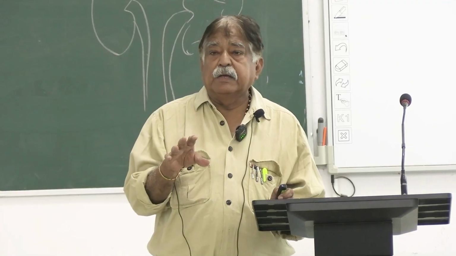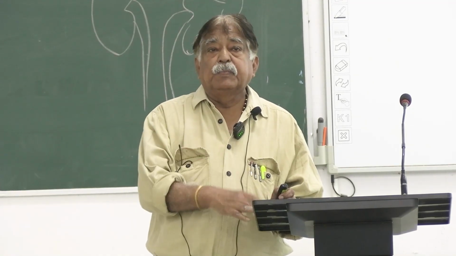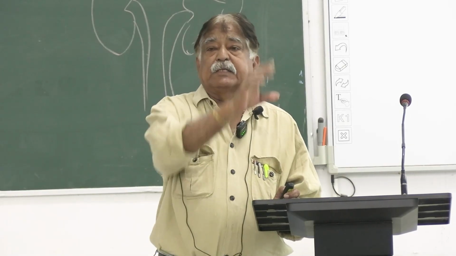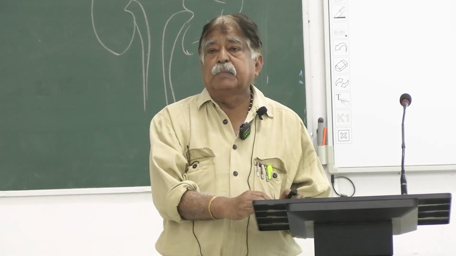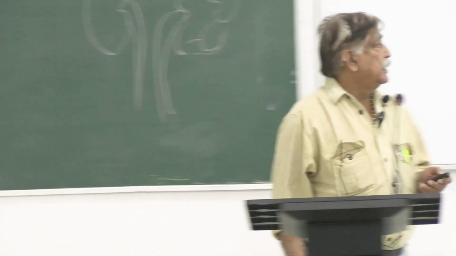If there is any anomaly you find, take a photograph and bring it to the notice of your teacher, so we can have it as a specimen in the department, and also you can even present a paper on it later when you want to.